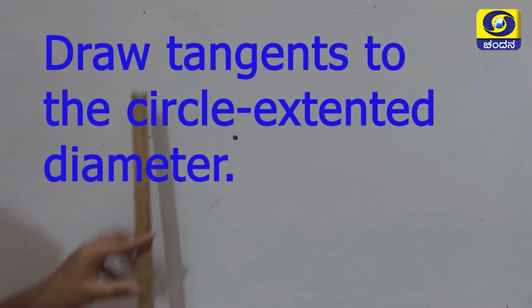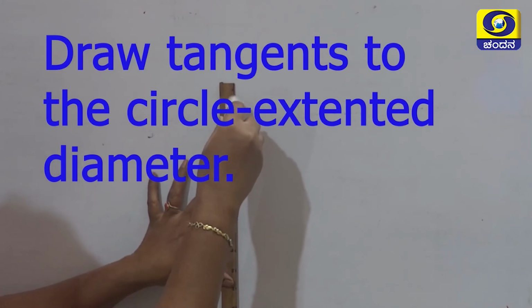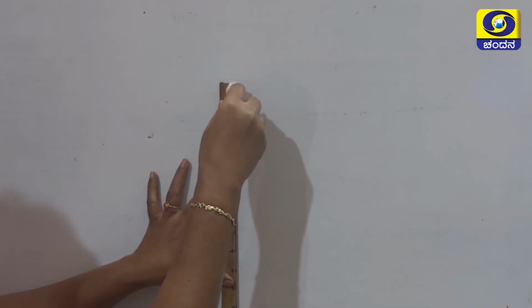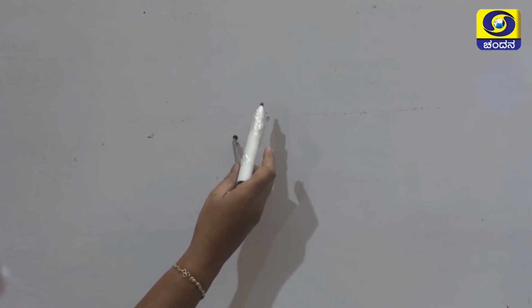Construction. First, let me draw a circle of radius 3 centimeter. We will take the radius using this compass. The distance between the needle and the pencil is 3 centimeter now.